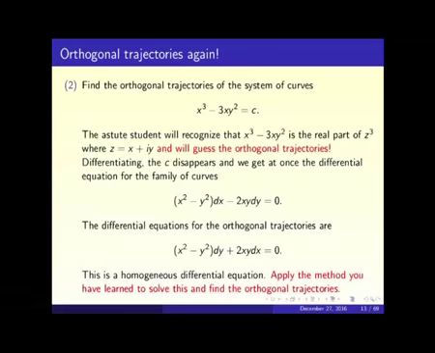What is the differential equation for the orthogonal trajectories? Go back to the previous lectures and you figure it out. It's (x squared minus y squared) dy plus 2xy dx equal to 0, right? That's a homogeneous differential equation. M is 2xy and N is x squared minus y squared. It's homogeneous in the entire plane.